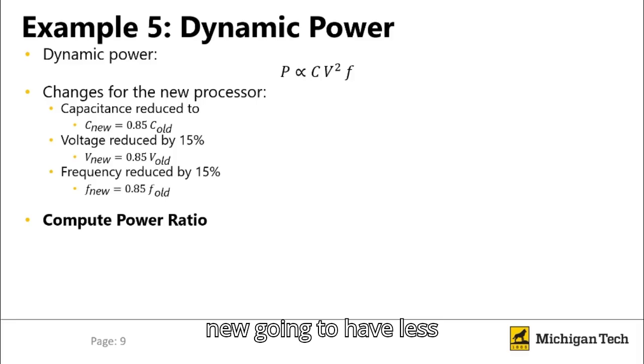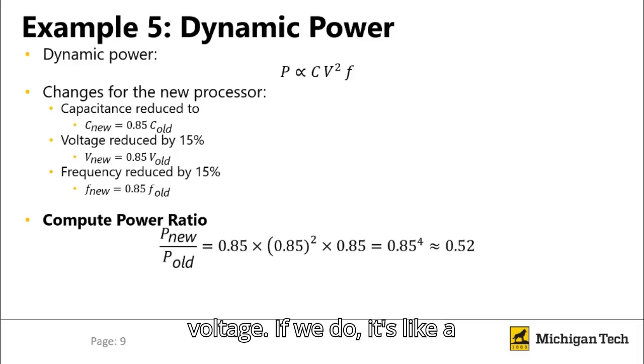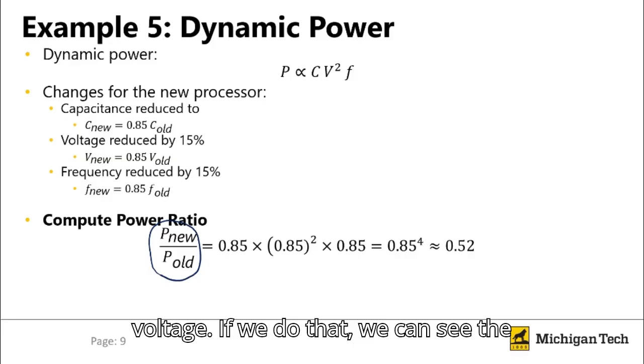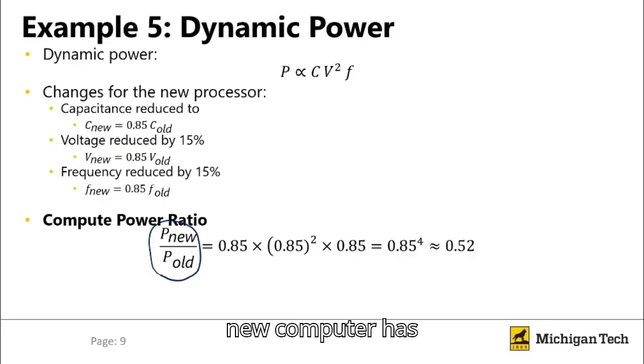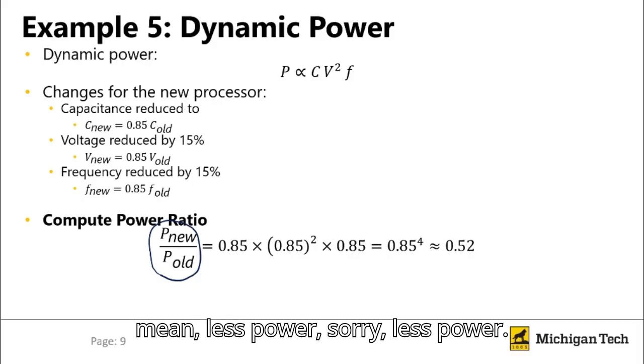So for sure, the new one is going to have less voltage. If we do a speedup here, but for voltage, we can see the new computer needs like 50% less power. Sorry, less power.